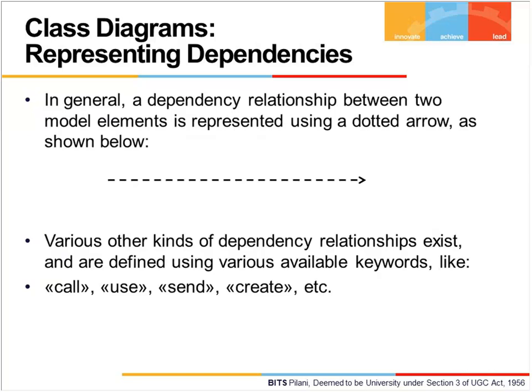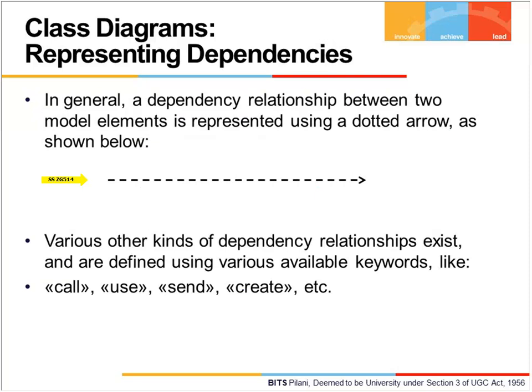The other kind of relationships are the dependency relationships between the various classes, right? How do we represent the dependency relationships between the various classes? The dependency relationships are represented using a dashed arrow, as shown in this slide.